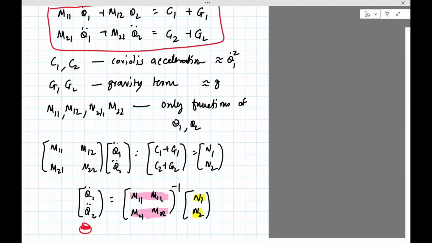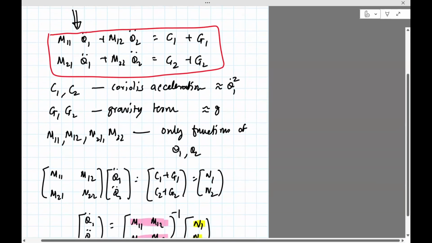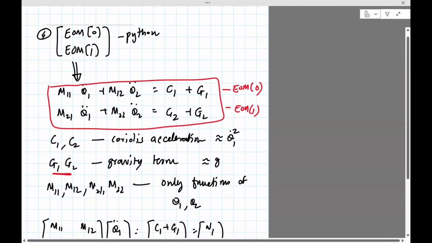So there's a way to do this. If you look at these equations and the form, this one has gravity. Remember that this is EOM 0, EOM 1. The trick here to get M11, M12 is the following. You put velocity equal to 0, so this term will go to 0 in EOM1.